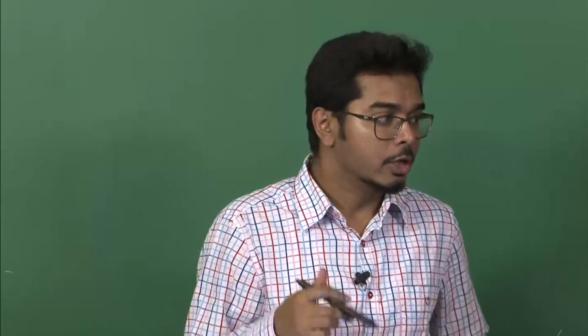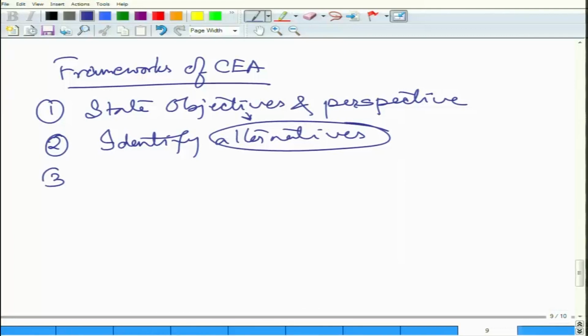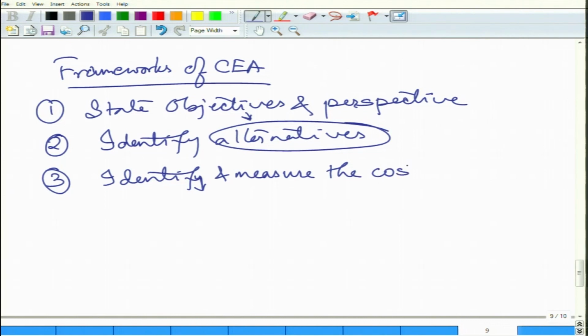So identify the alternatives, and then the third is identify and measure the costs and benefits, for all these sensible alternatives which we will finally be studying.